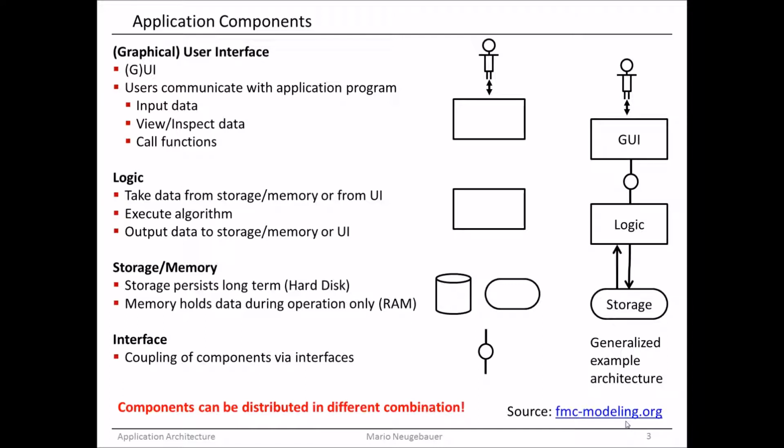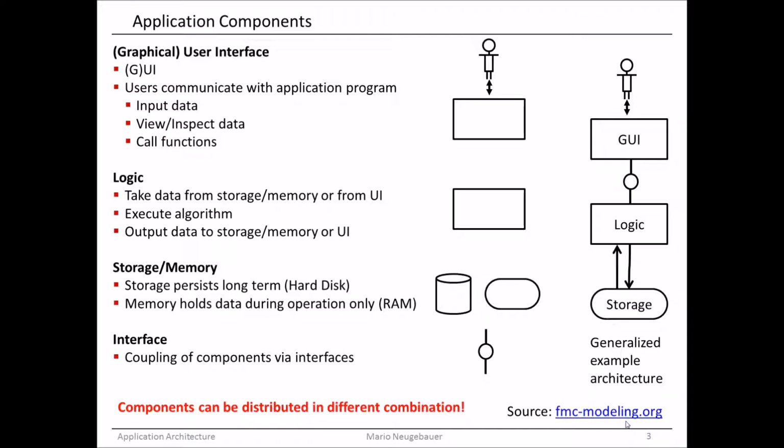So this is not only the direction from you as a user into the program, it is rather the direction from the program, from the database to you, presenting views on the data such that you are able to inspect the data and make some conclusions, for example. And also you should be able to call functions with buttons, for example, to start processes or to set certain statuses in the software in the states of the data objects. So this is the first main part.